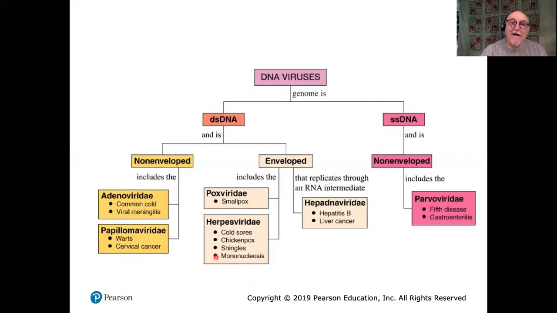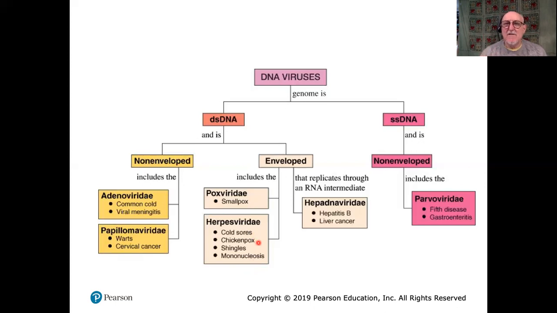Still very common, however, are the herpes viruses. And the herpes viruses vary from those which cause disease which is just mild nuisance level disease, such as cold sores, to causing very serious childhood illnesses, such as chickenpox, and also very serious adult diseases, both chickenpox, if it's acquired as an adult, or shingles, which occurs in people who had chickenpox and have a recurrence of the virus.